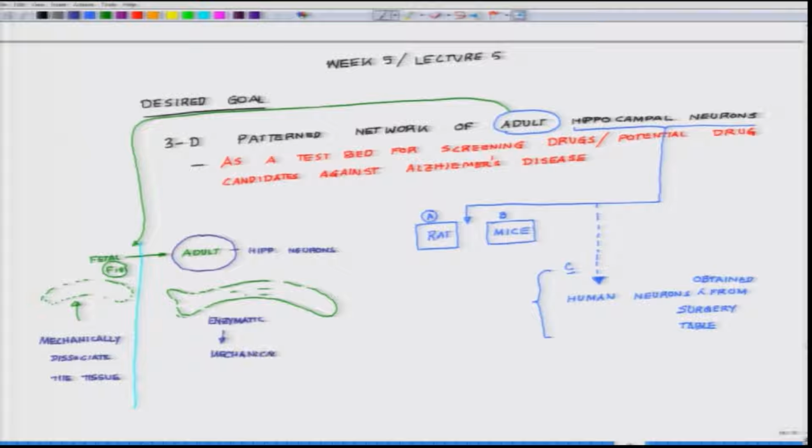Now, when we talk about the enzymatic step, what enzyme will suit, because it is an adult tissue? The enzyme has to be mild enough not to damage these cells, because the regenerating potential of these adult hippocampal neurons is very, very limited.